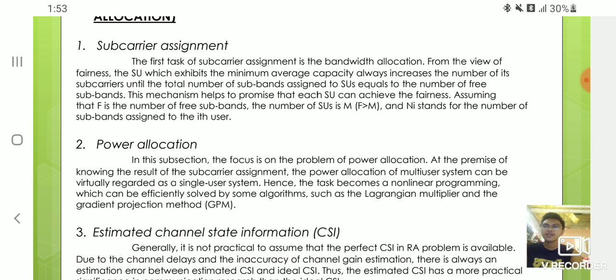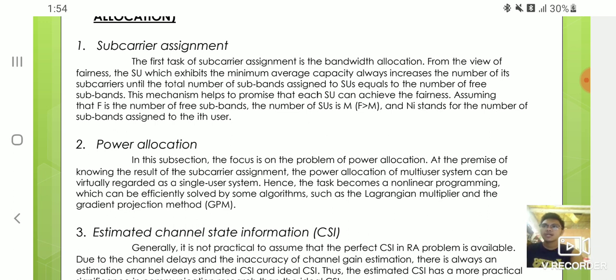From the view of fairness, the user which exhibits the minimum average capacity always increases the number of its subcarriers until the total number of subbands assigned to SUs equals the number of free subbands. This mechanism helps ensure that each SU can achieve fairness, assuming that F is the number of free subbands, the number of SUs is M, F is greater than M, and N_i stands for the number of subbands assigned to the i-th user.